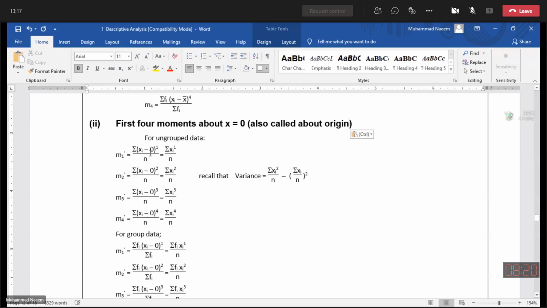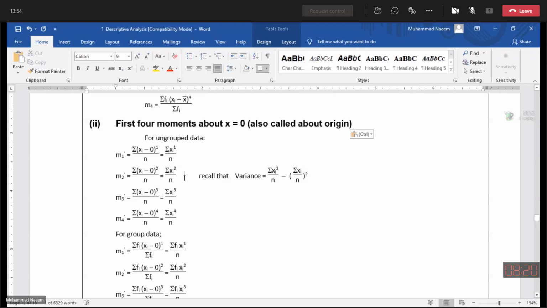In this case, we consider the deviations from 0 in all the 4 cases. Here we are taking power 1 of the deviations, but deviations are taken from 0. In this case, the deviations are taken from 0, square them and dividing by n. As subtraction from 0 is meaningless, so just we have sigma x over n in this case.